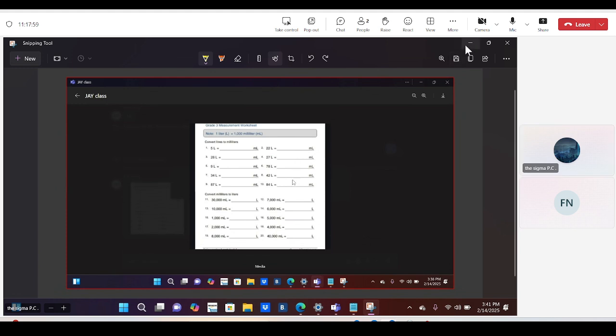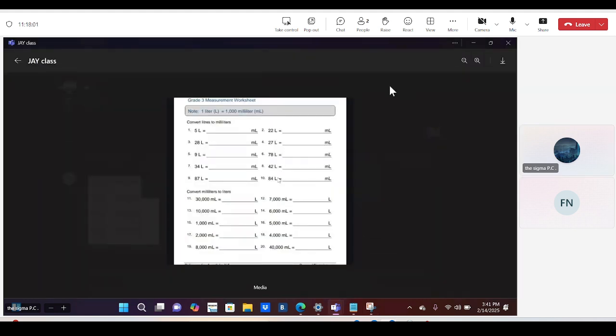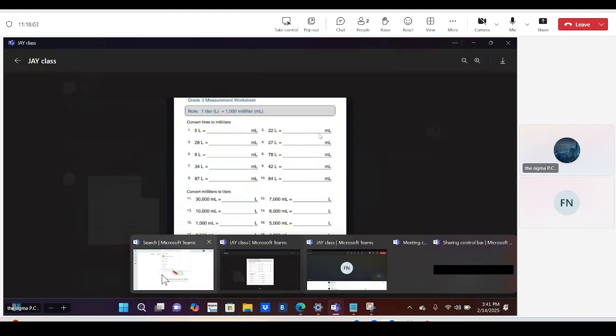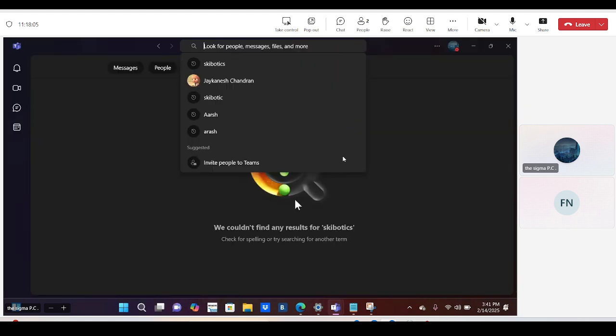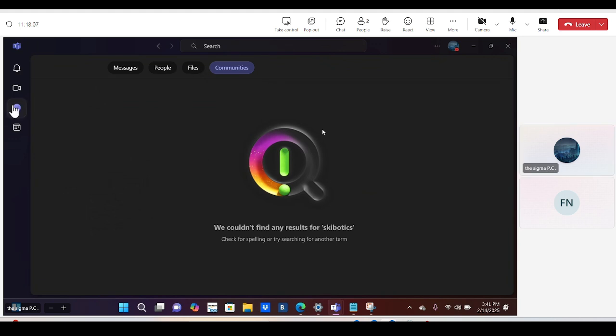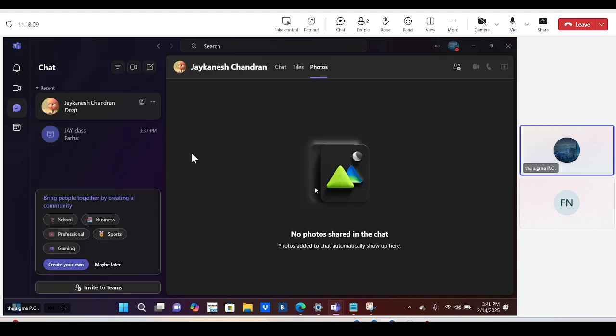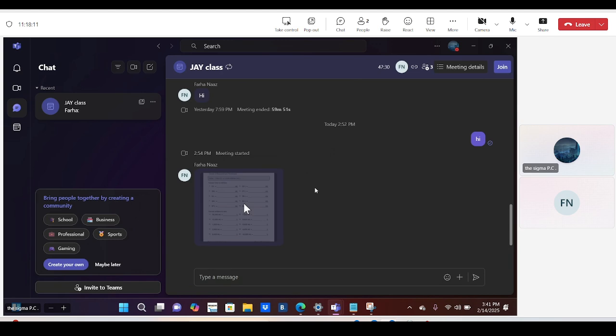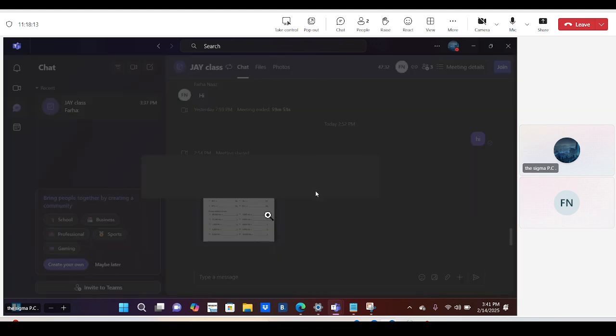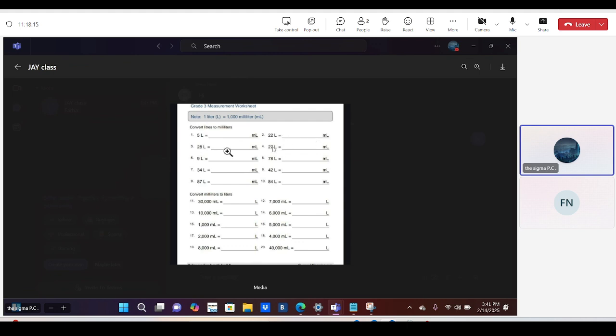Did you answer these ones? 22 liters. How many milliliters are there? On the right side, 22 liters. I already did all of the converting milliliters to liters.